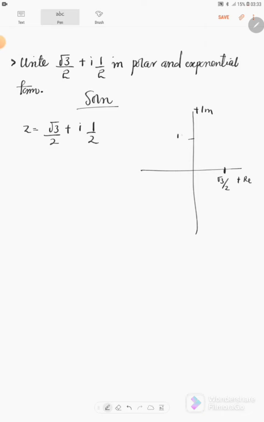Now we are making z1 and z2 the subject of the topic. z1 equals z2 if and only if a equals c and b equals d.